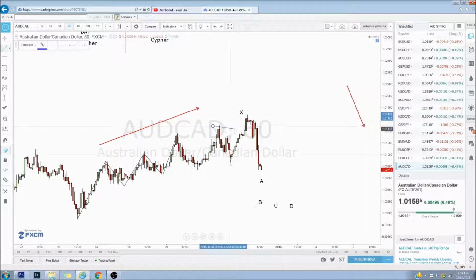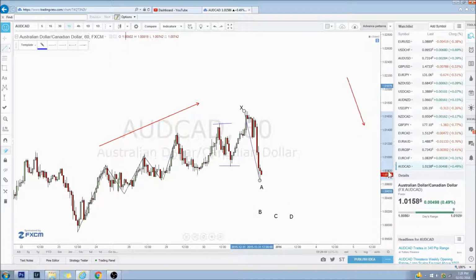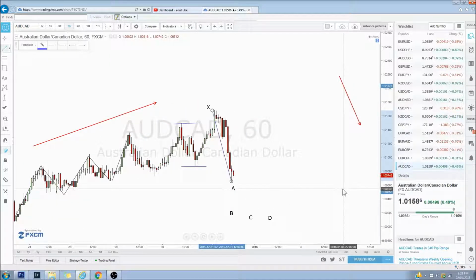So I'm looking at these previous points here, from there to there, and I notice that this leg has broken above and below structure, which can signify anything.